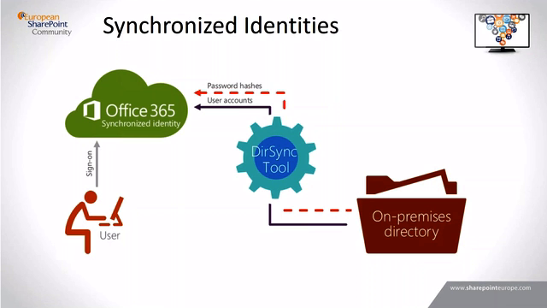And let's say you have 100 user accounts in 365, and now you have decided to integrate your on-prem Active Directory with 365. So what you will do is deploy the tool. This tool will run the initial synchronization for the 100 accounts that you already have in 365. It will compare the UPN.